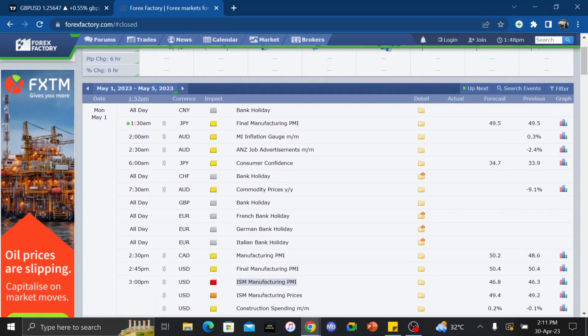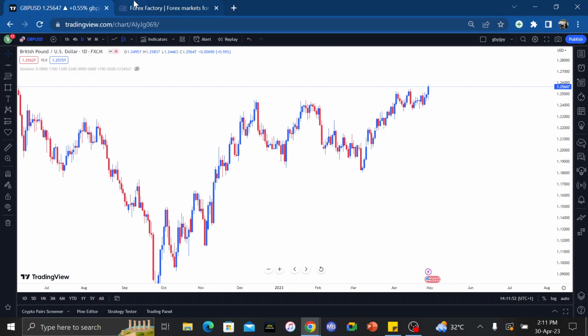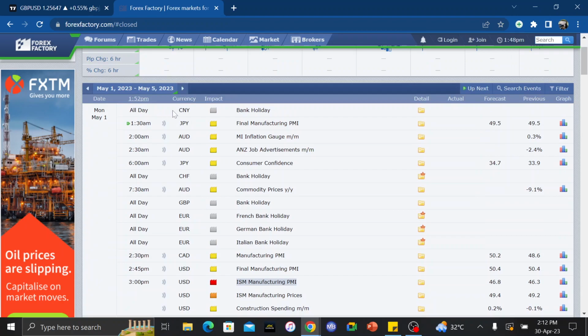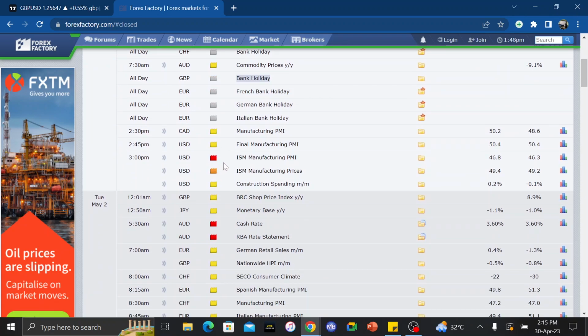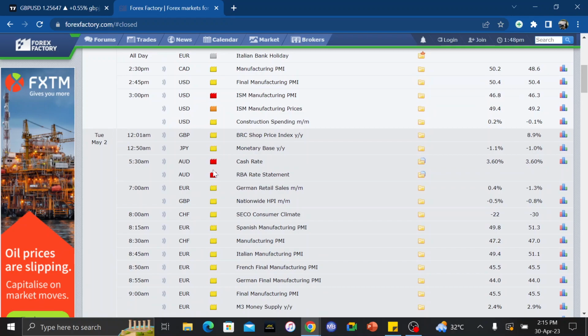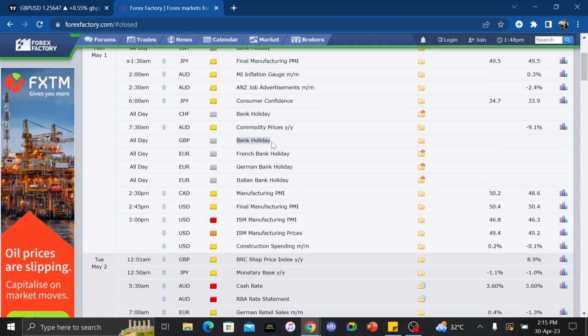So for this week, I trade GBPUSD, so I'll just be focusing on the pound news and the United States dollar news. So on Monday, which is tomorrow, we have UK bank holiday, and also we have this high impact news, ISM manufacturing PMI by 3 p.m. I won't be trading on Monday because of this bank holiday.